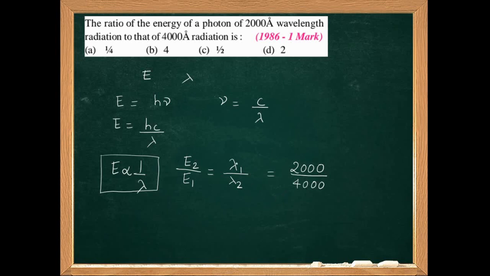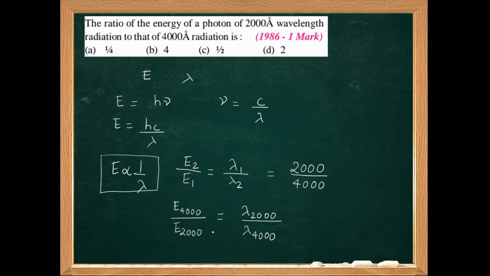So the energy of 2000 wavelength is what? Let's say if I write energy of 4000 upon energy of 2000, this will be wavelength of 2000 upon wavelength of 4000, right? Now they have asked the ratio of energy of a photon of 2000 versus 4000. So the energy ratio asked is energy of 2000 upon energy of 4000.